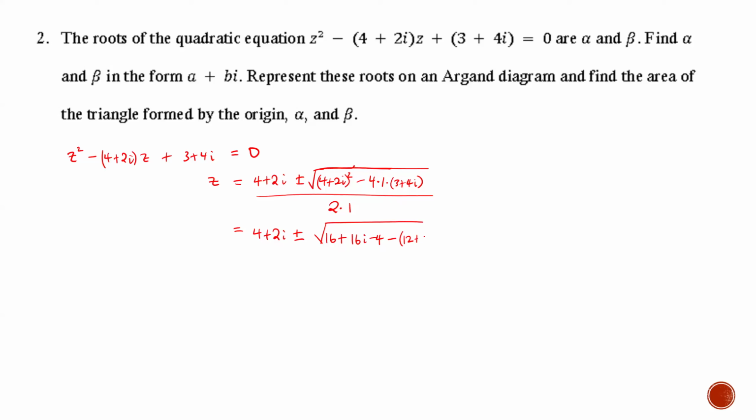So all this divided by 2. Now you realize that under the square root, everything is going to go away, because we have a 16 minus a 4, which is 12, and then we have a minus 12, so that's 0, and then 16i minus 16i. So we have 4 plus 2i plus or minus 0, which is the square root of 0, which is 0, over 2. And so this is just 2 plus i.